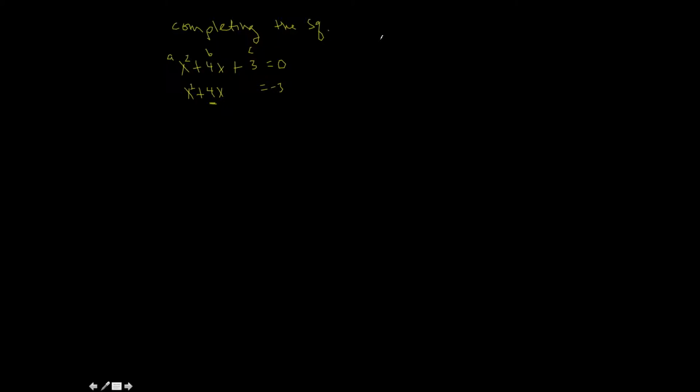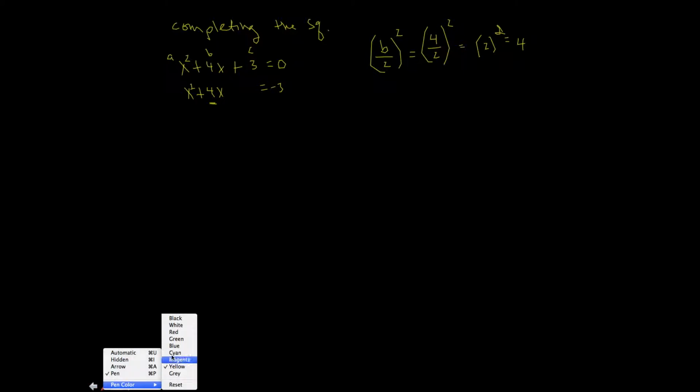So take our b, and what we want to do is add b divided by 2 squared to both sides. So this would be 4 divided by 2 squared, or 2 squared, which is 4. So I'm going to add 4 to both sides.